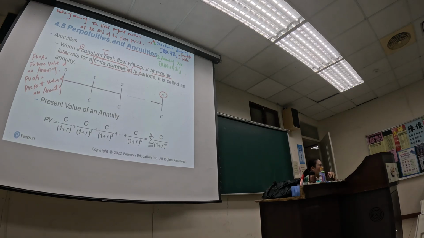You really have to remember this assumption, okay? So if you look at this timeline below, you see your first payment is here. Did you notice? There's nothing at time 0, right? So basically, this is referring to an ordinary annuity timeline.